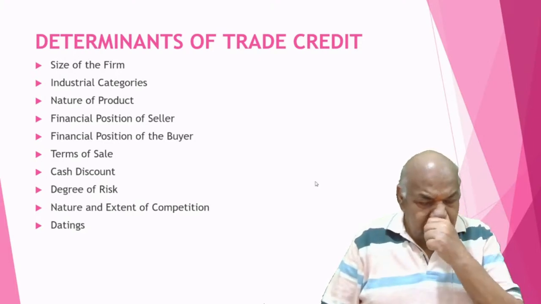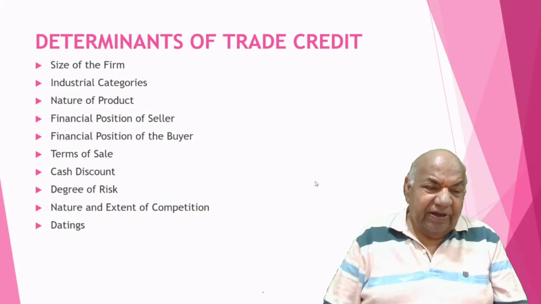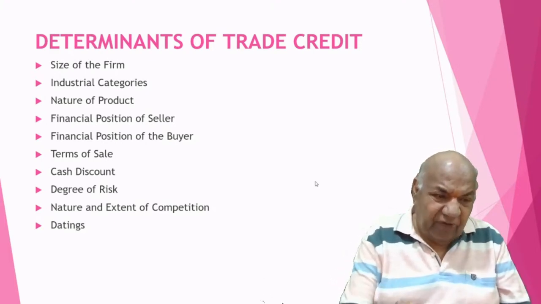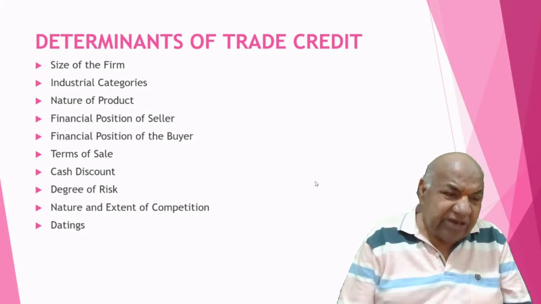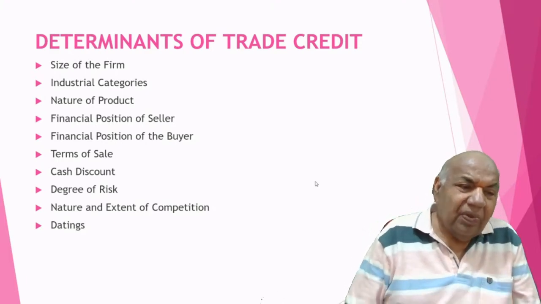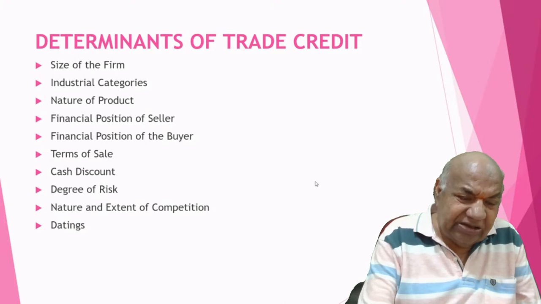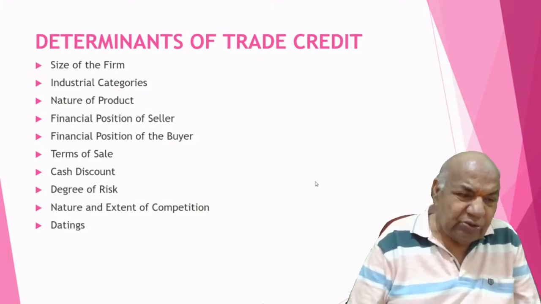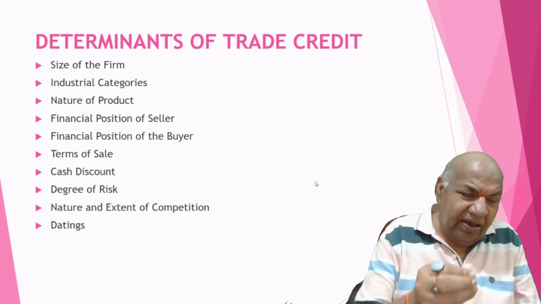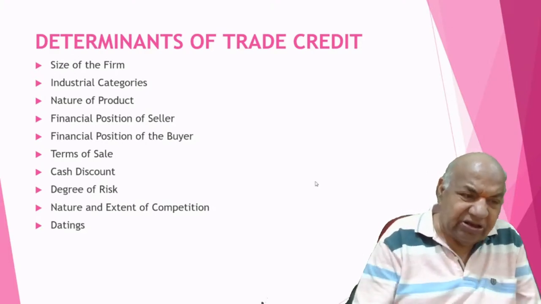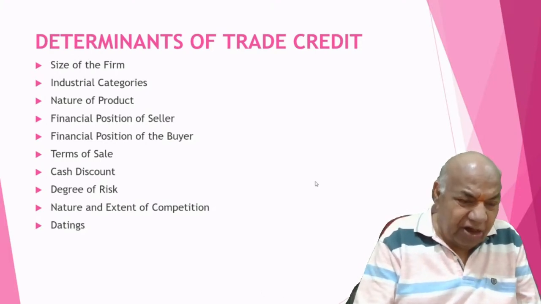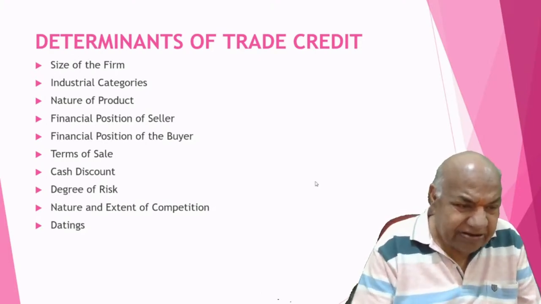Cash discount. If credit is given, say, for a long period, say for 60 days, the seller will like that the sum amount is collected as early as possible. He may give some cash discount, which may vary according to the date of collection.